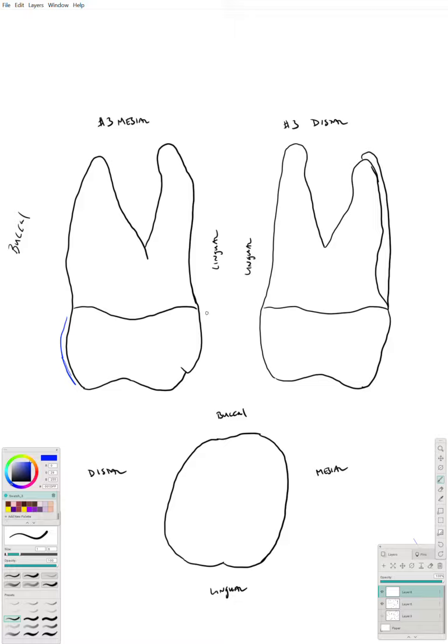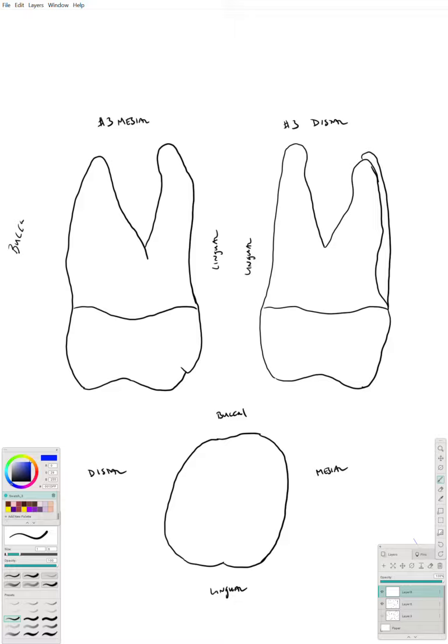And we can see why that is, particularly if you have a cusp of Carabelli, because this lingual aspect doesn't really have a chance to round back so much since it has this extra, quote unquote, cusp on the side there. Even without the cusp of Carabelli, most of the time you're still going to see more of a flat side on the lingual aspect right there. That pretty much does it for the mesial view.